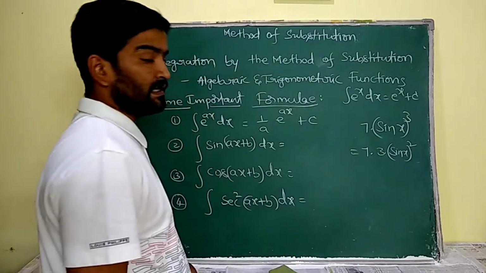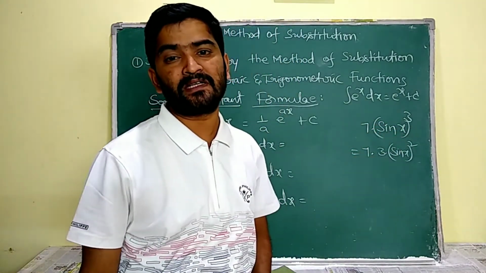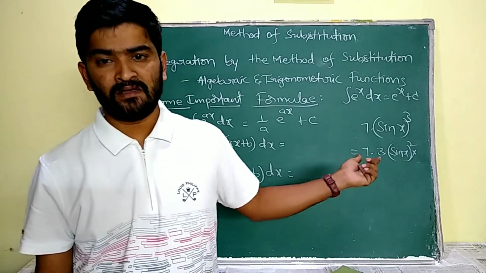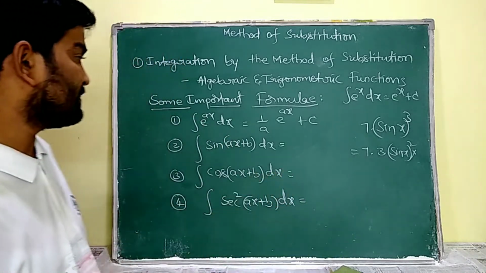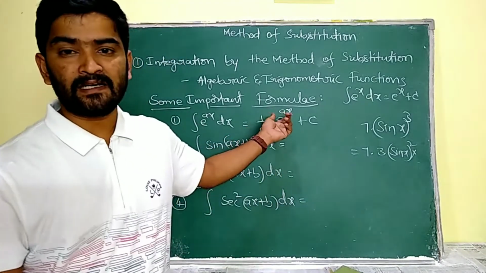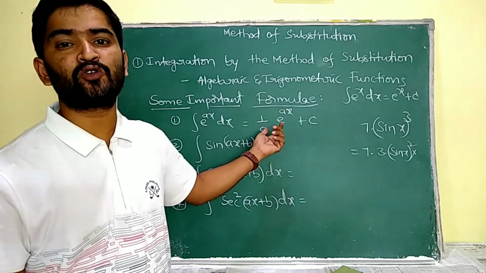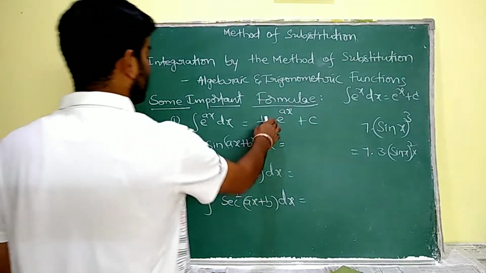Now in the place of x we have sin x, so that sin x is also derivated and multiplied to the result. But in integration, the result which we obtain after derivation is divided into the result. That is why here we divided.